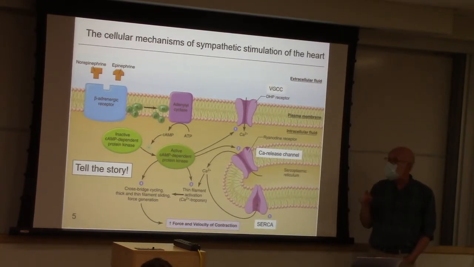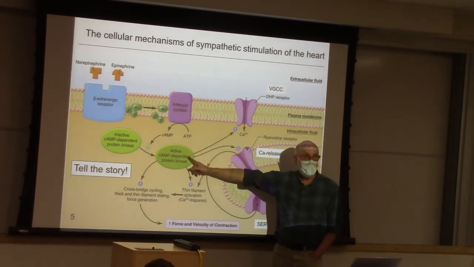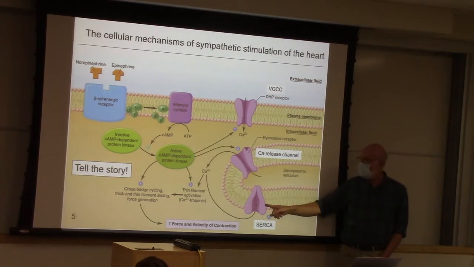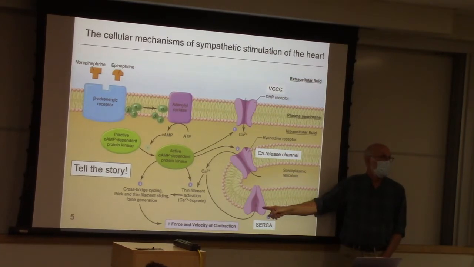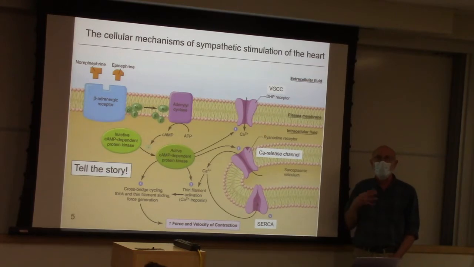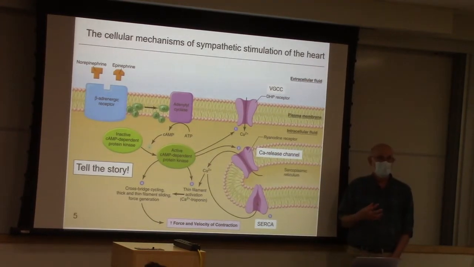But what this slide doesn't show is that you should draw this arrow into your slide. PKA also phosphorylates a subunit of the SERCA and makes it pump faster. So that's absent from the slide, but that's an important part of what PKA does in a ventricular myocyte.